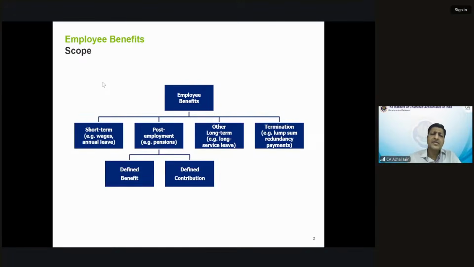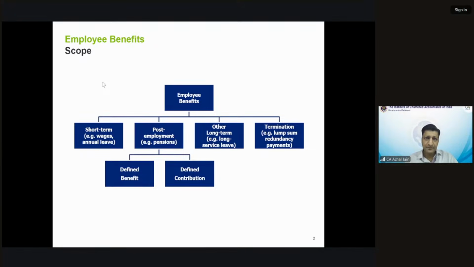We discussed the difference between these two and the implication. The important thing for employee benefits is that, as a first step, the employer-employee relationship needs to be established. The moment you do that, all of these pointers will get covered.